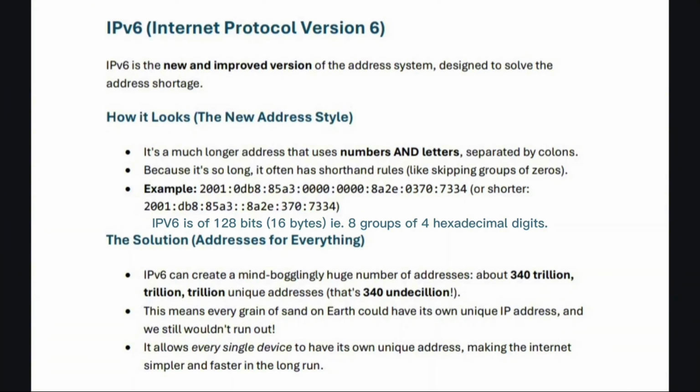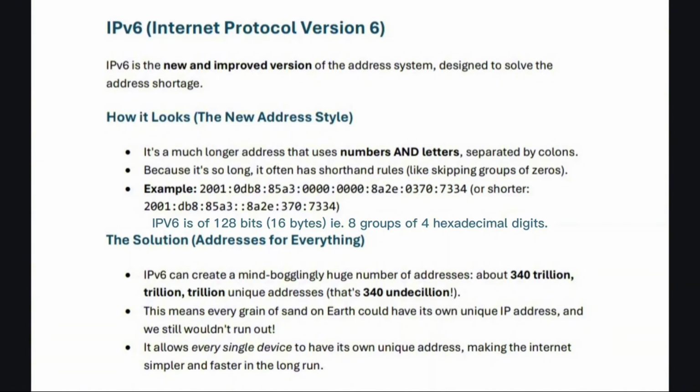As in the previous IPv4 protocol, it is limited. Although 4.3 billion looks like too much, it is limited, as the population might increase and devices can increase. So to fix that issue, Internet Protocol version 6 was introduced. It has much longer addresses that use numbers and letters separated by colons. Because it's so long, it often has shorthand rules like skipping groups of zeros.